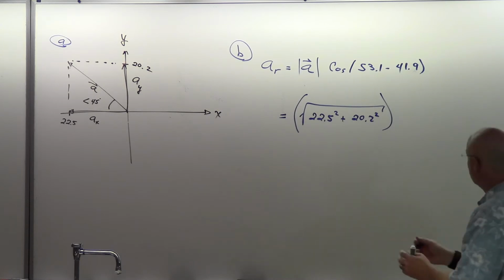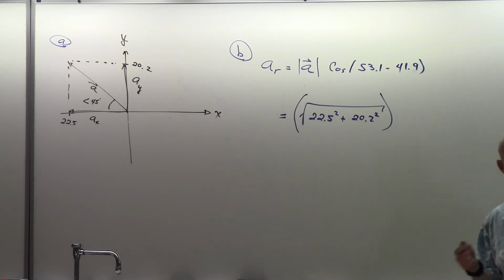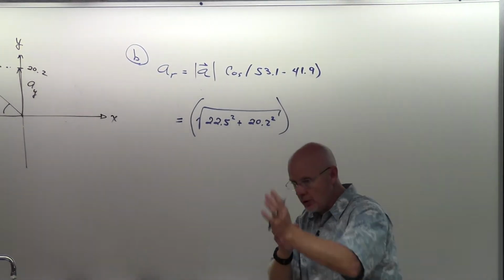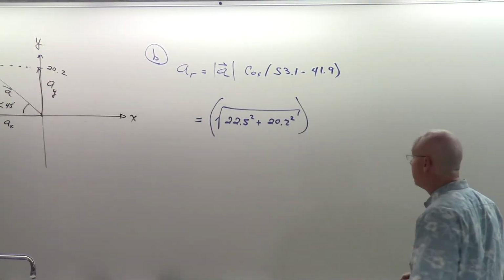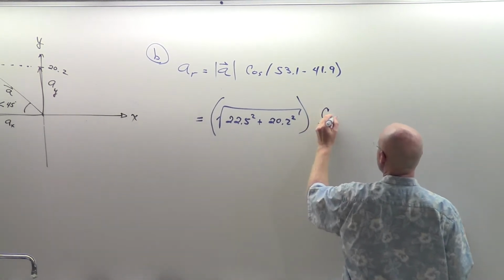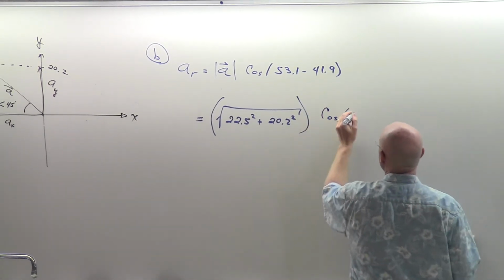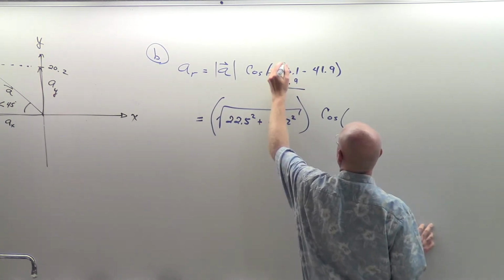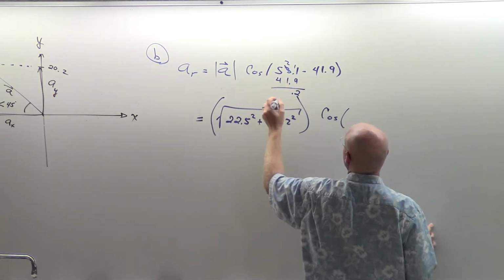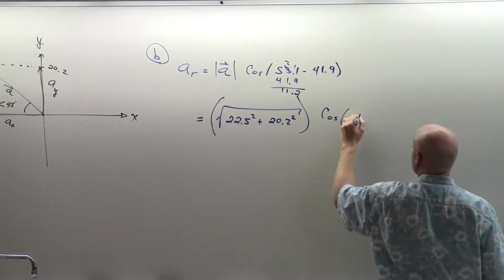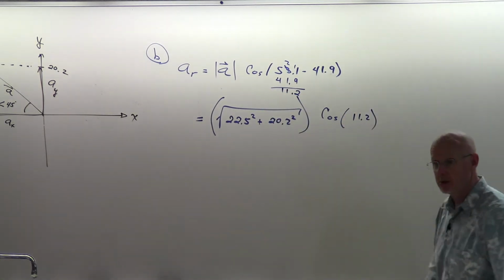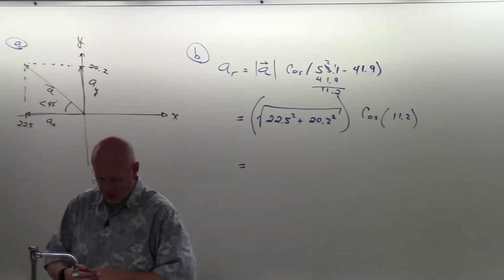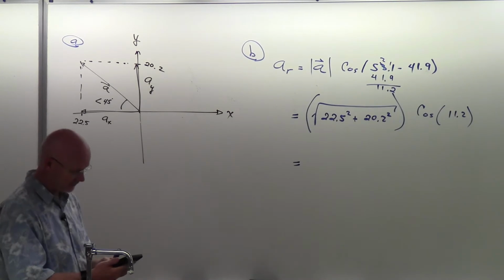Once I have its magnitude, then I can say how much, and I'll use a math term here, how much of that vector is projected onto the radial vector. And so then I have cosine of 50, well, maybe I should just subtract these. What is 41.9? I'll borrow a 2. So that's a 0.2, that's a 1, 1. So it's 11.2 degrees. And so now I can get the radial piece.